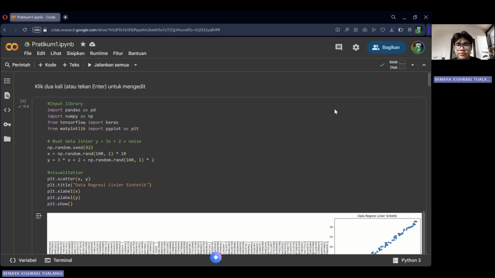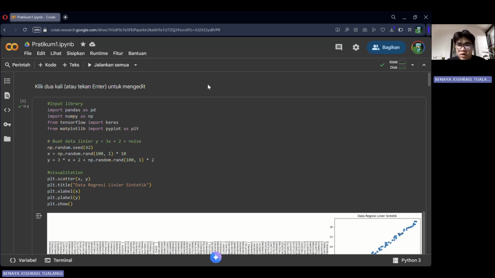So let's begin by importing the necessary libraries: NumPy for numerical operations, Matplotlib for plotting, and Keras from TensorFlow for building our models.